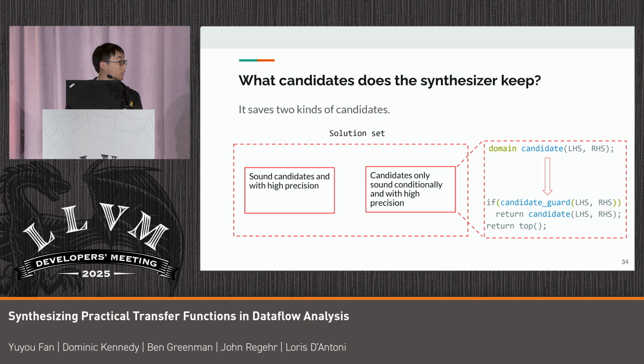So instead of synthesizing the body, we synthesize an if precondition. If the precondition is true, or the guard is true, we call the candidate body and return the result. So this is how we keep candidates.